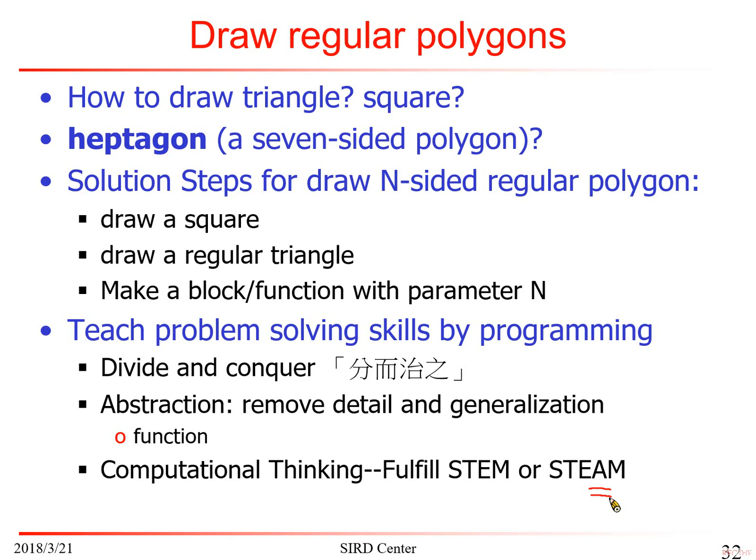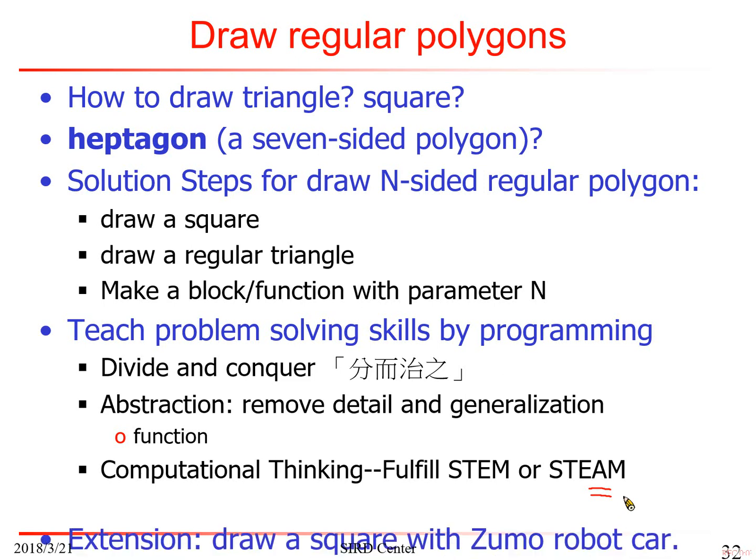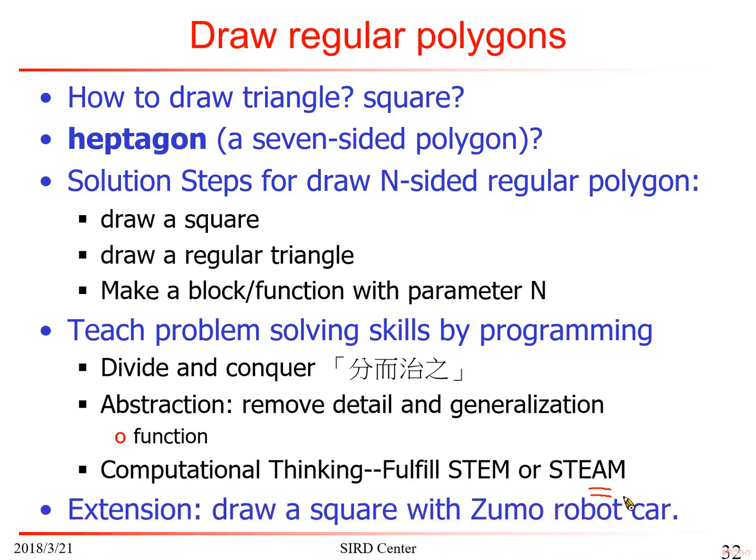You must design from the design view of the user. It must be beautiful. You must have some kind of good artistic form factor for your products. So I guess this tool is really good, but we don't have much time to talk about it since you all don't understand the programs yet. And if you can draw a square, how can you make a robot draw a square for you?